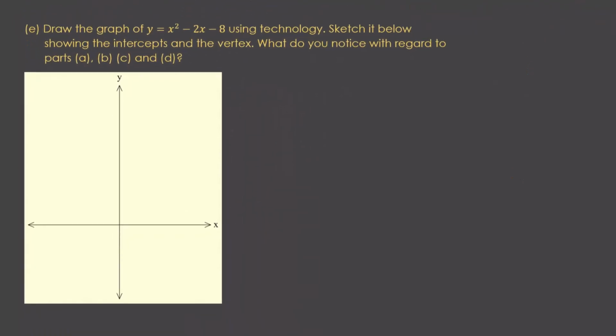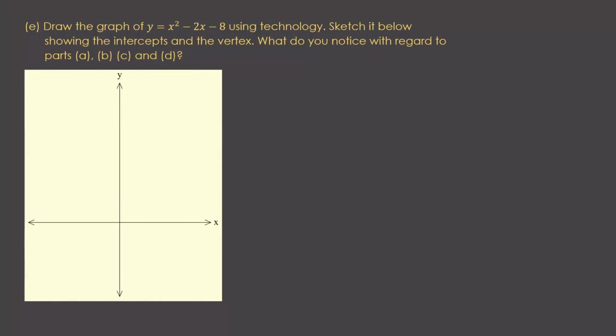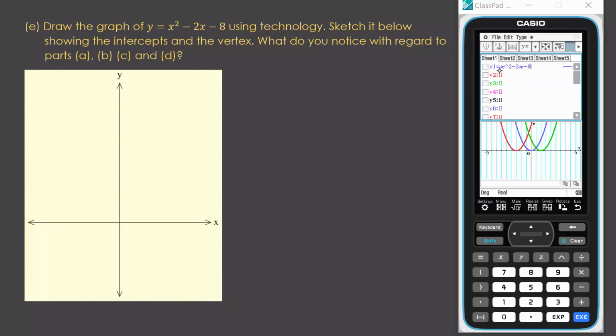Now we're asked to draw the graph of y equals x squared minus 2x minus 8 using technology, and then we're going to find some things about that. So I've got it programmed here ready to go. And if I check that, I'll graph it like so. And let's see what we find. So we were supposed to find the intercepts. Well, first of all, let's sketch it and then we'll put these things on.